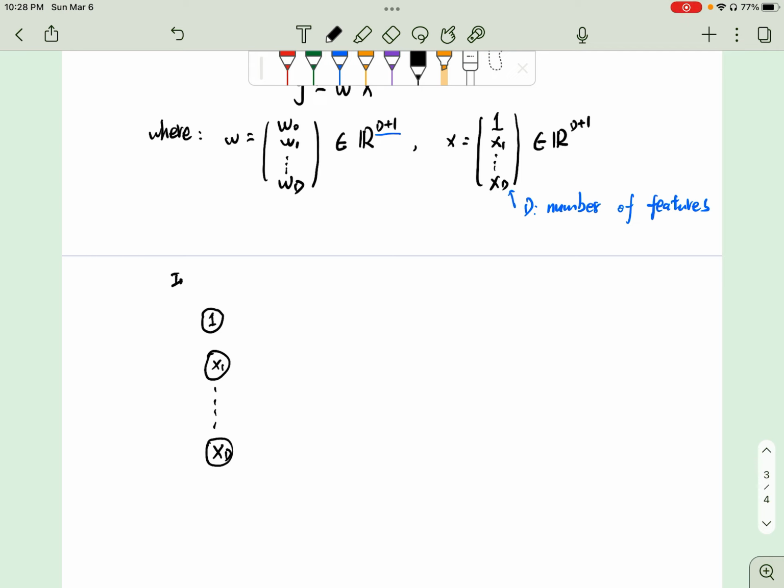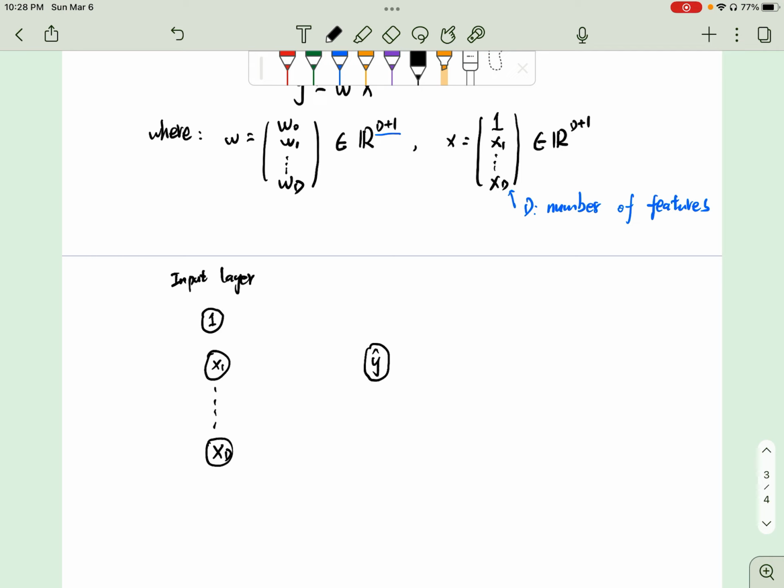I will call it the input layer. And we will have our prediction here, y hat. This is the prediction from this model.